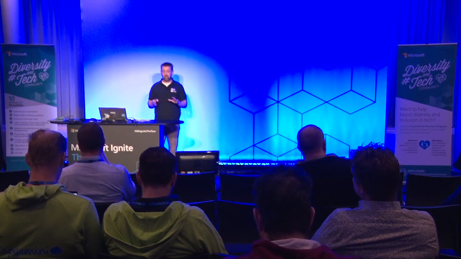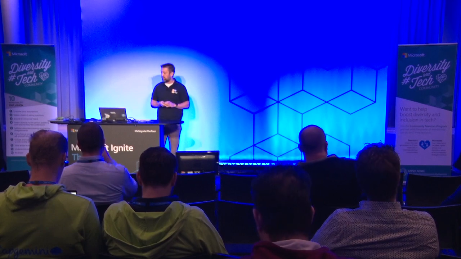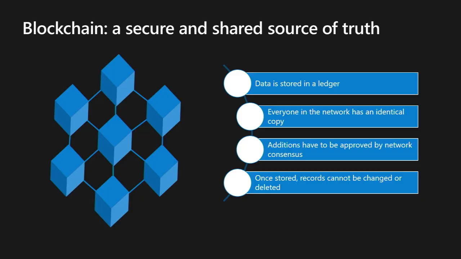But to be completely on the same page, I just want to make sure that everybody understands the core, basic concepts of blockchain. It's a ledger where data is stored, and it's shared. The data in that ledger is shared by everyone in the network. Every transaction that is added to the blockchain has to be approved by some form of consensus, so there's a consensus algorithm necessary.